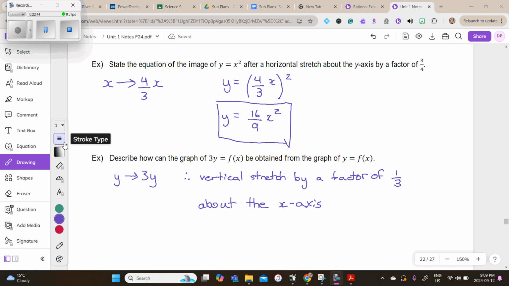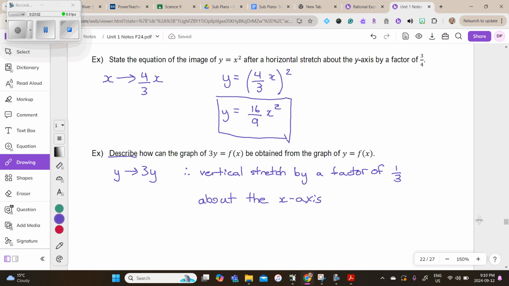So remember when it says describe, that's a math directing word, and it means use your words to explain what's going on. So saying that it's had a vertical stretch by a factor of 1 over 3 about the x-axis is what the question is asking for.